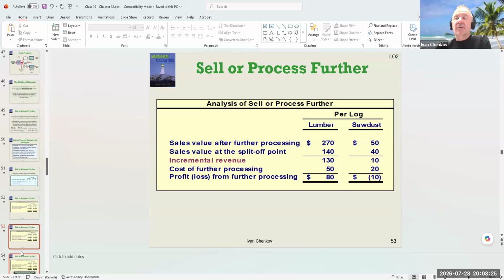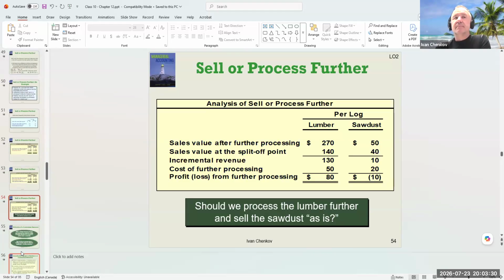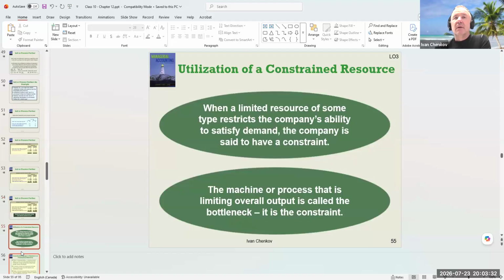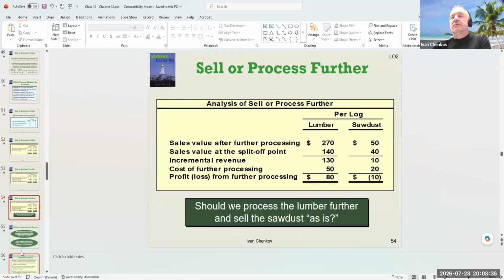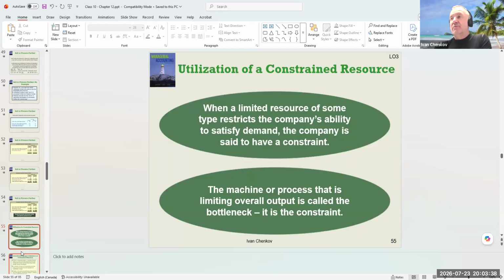So just don't sell it as it is. Move on. That's with the joint cost. Again, any product whose additional revenue is going to cover the additional cost, go for it. If the additional revenue doesn't cover the additional cost, no.